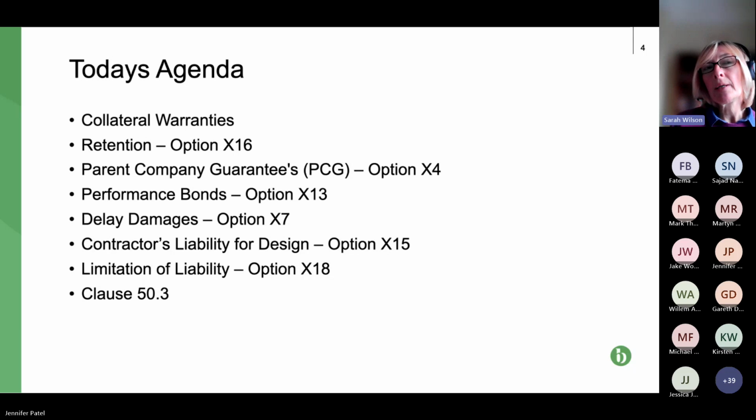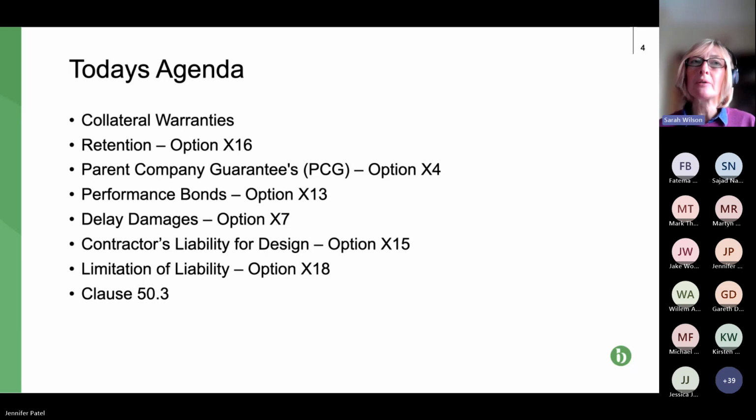We're going to look at limitation of liability in clause X18. Now, that is the one item that will benefit the contractor or the subcontractor because it's limiting your liability. But you'll see, particularly with things like collateral warranties, how it's relevant to that.